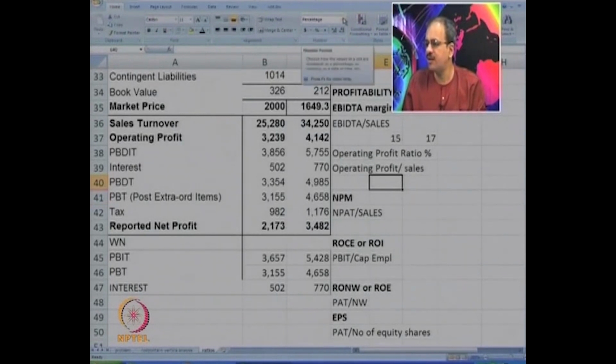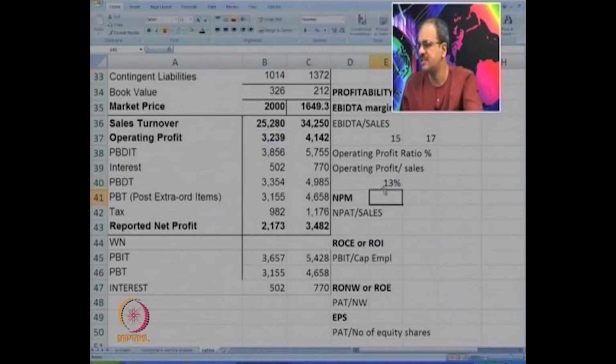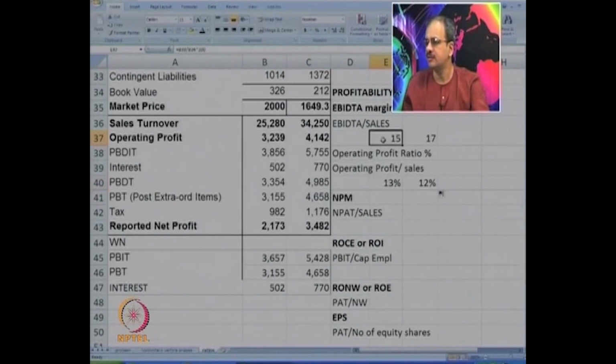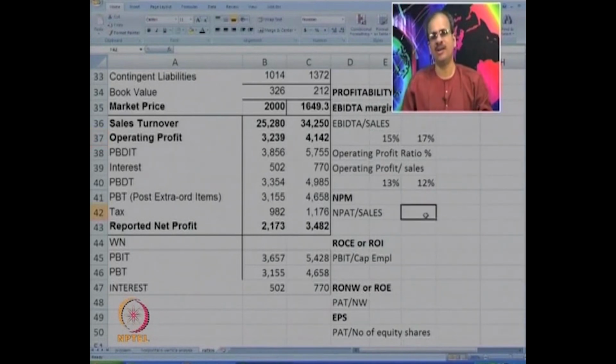It is directly coming in percentage terms, so there is some confusion. So, it is operating profit upon sales. So, it was 13% earlier, now it has come to 12%. I am trying to change it to percentage format. Okay, so it is more clear to you now.